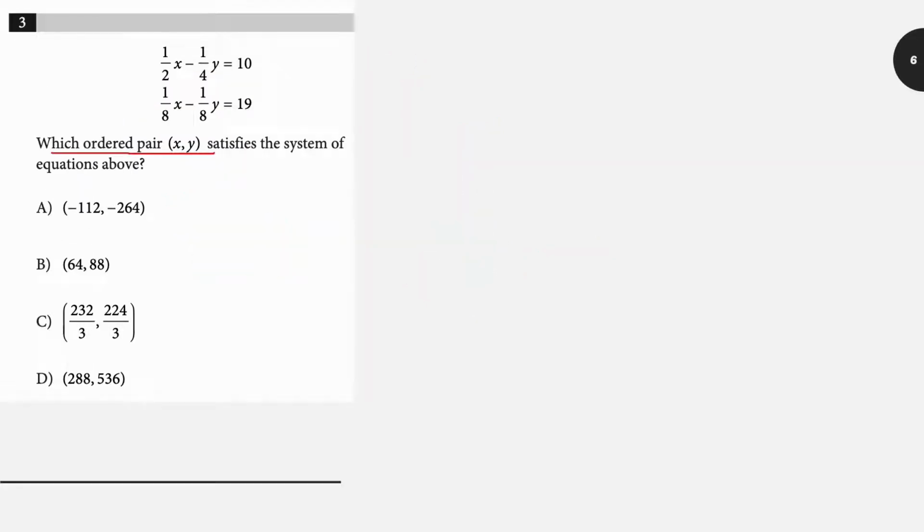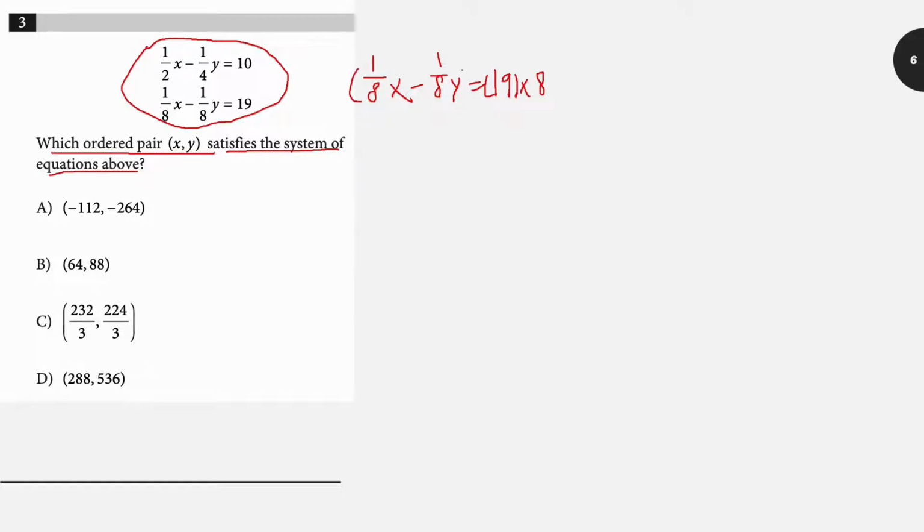Which ordered pair (x, y) satisfies the system of equations above? There are 2 equations here. The second equation is easier to simplify to find the value of x or y, so I'm going to rewrite the second equation. You want to multiply both sides by 8 to get the value of x or y.